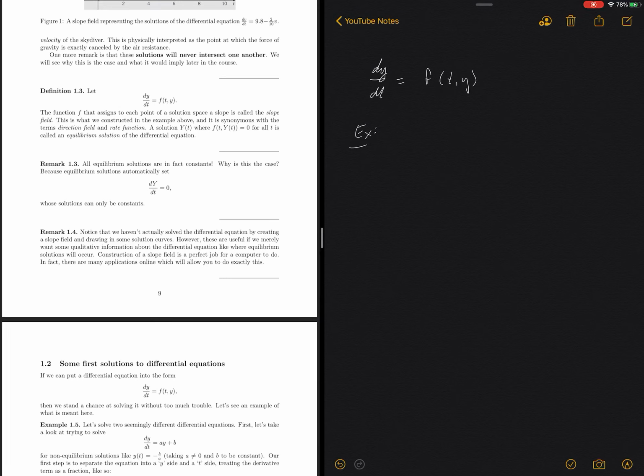So let's walk through an example of how we might solve a differential equation, or how we might actually go through figuring out which functions solve this equation. And we'll go ahead and do this in general. Remember that we had our freefall equation here, minus mg minus gamma v.